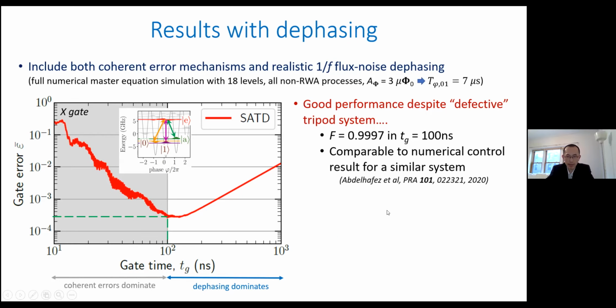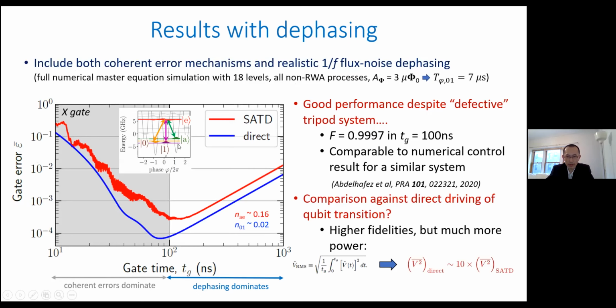So you can also ask how this gate compares to a gate that you can do by directly driving the 0-1 transition. In principle, here again we have a small matrix element between the state 0 and 1. However, if you drive it hard enough, you can still perform the X gate.